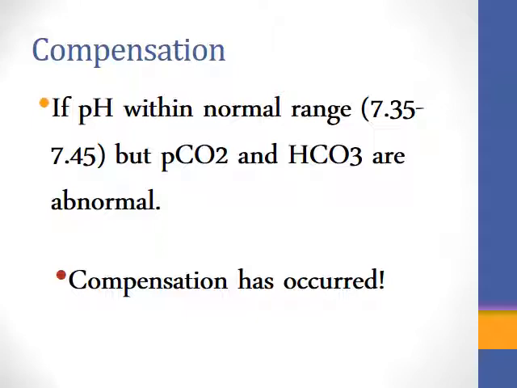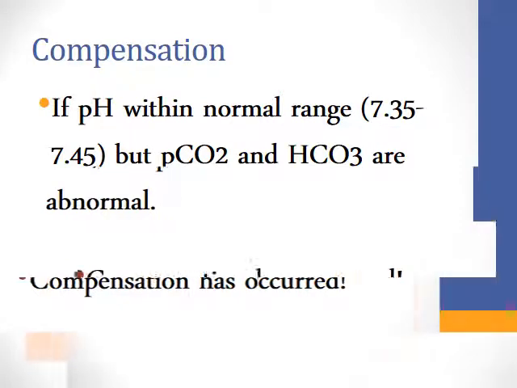What you just learned prior to this slide was that your pH was abnormal and one of the other two was abnormal and one was normal. And that way you could tell if it's respiratory or metabolic. Now we have a normal pH, but the other two are abnormal. So that's when we're talking about compensation.